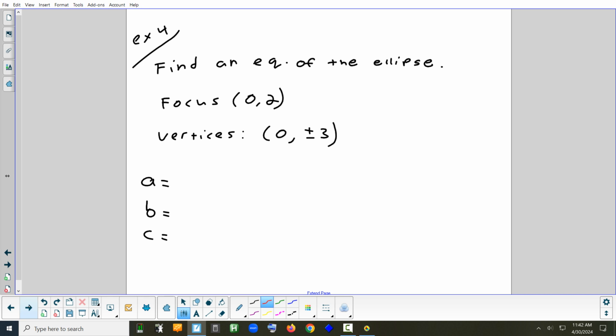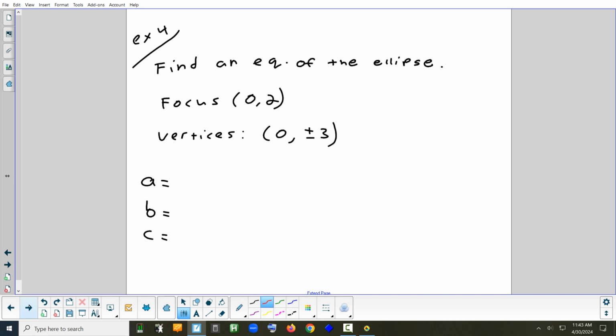Next one. Now you have to find the equation. I'm giving you a little bit of information. Again, my advice, if you don't want to do it this way, you don't have to, but I would figure out A, B, and C first. What, out of A, B, and C, can anybody tell me one of them based on what I gave you?